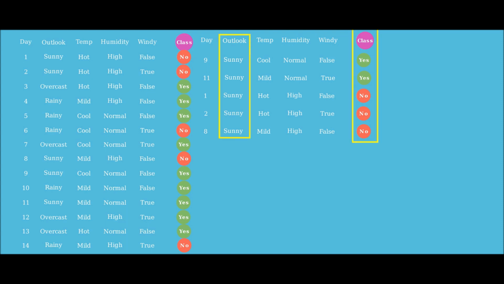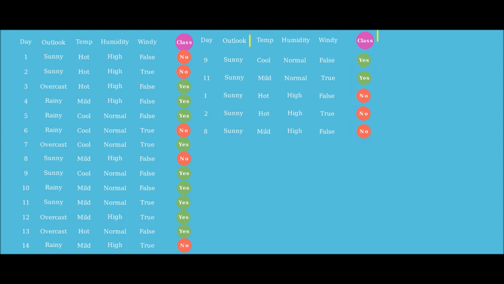So Gini index for outlook feature value sunny would be calculated as 1 minus 2 upon 5 whole square minus 3 upon 5 whole square. So see how the value is calculated.